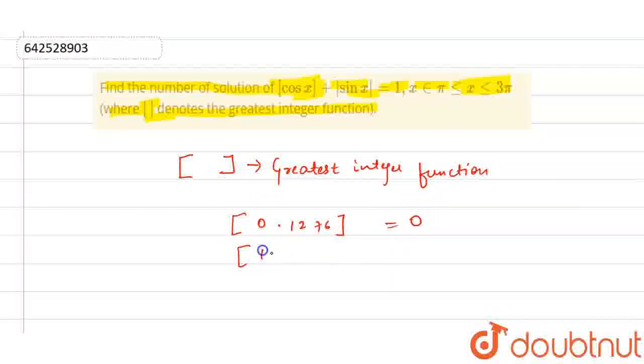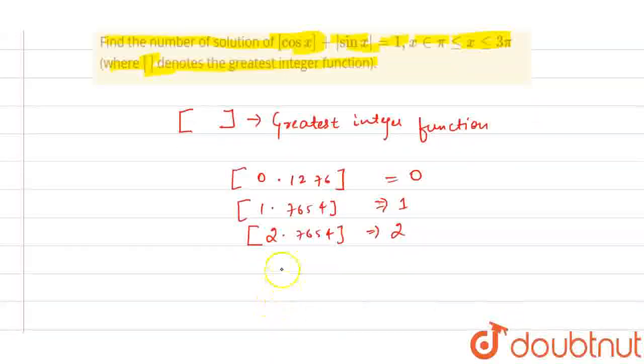If we have 1.7654, the number before the point is 1, so its answer is 1. Similarly, 2.7654 gives 2. And if the number is like minus 3 point something, it will take minus 4. So this is the greatest integer function.